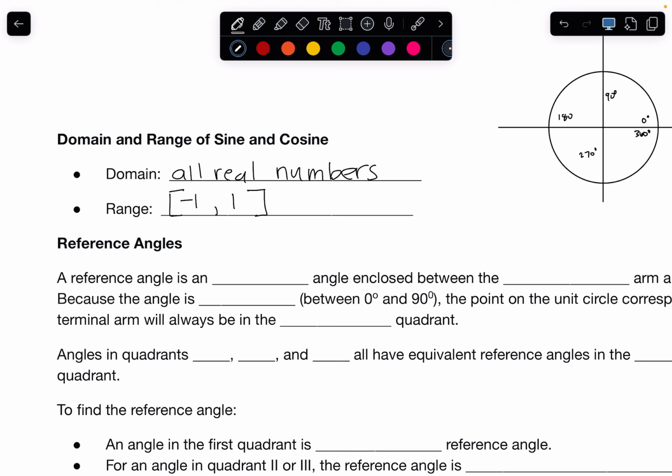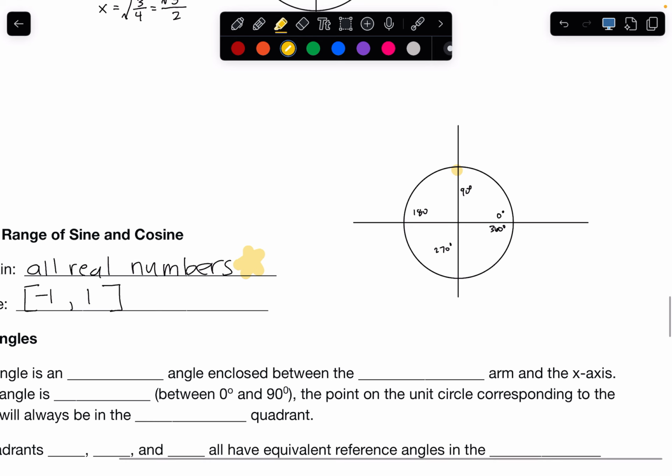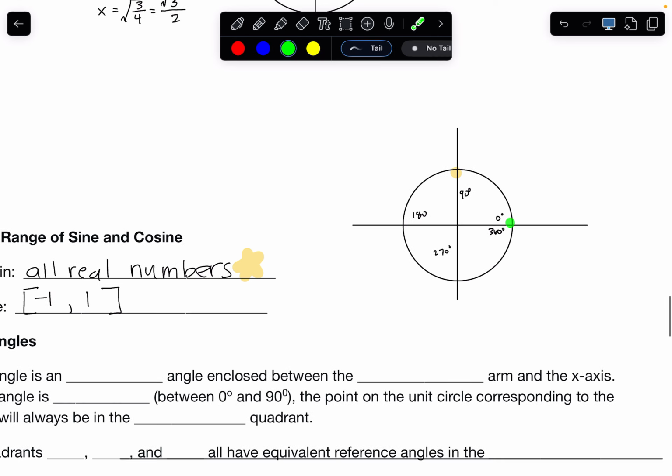What I want to talk about right now has to do with this fact here, which is I'm dealing with a circle. I have a limited possible number of outputs, but I'm allowed to loop forever and ever and ever. So in my unit circle, to get to this point here, I can go from 0 to 90.